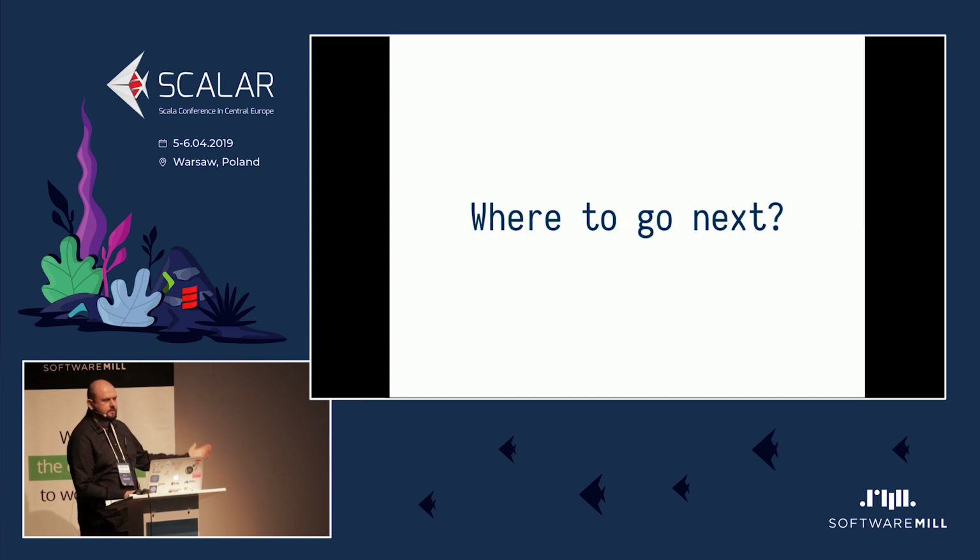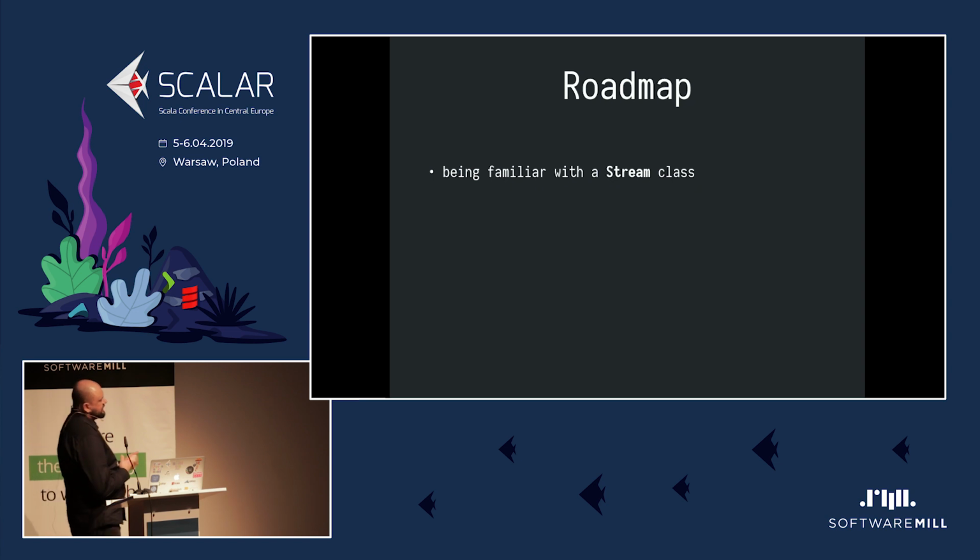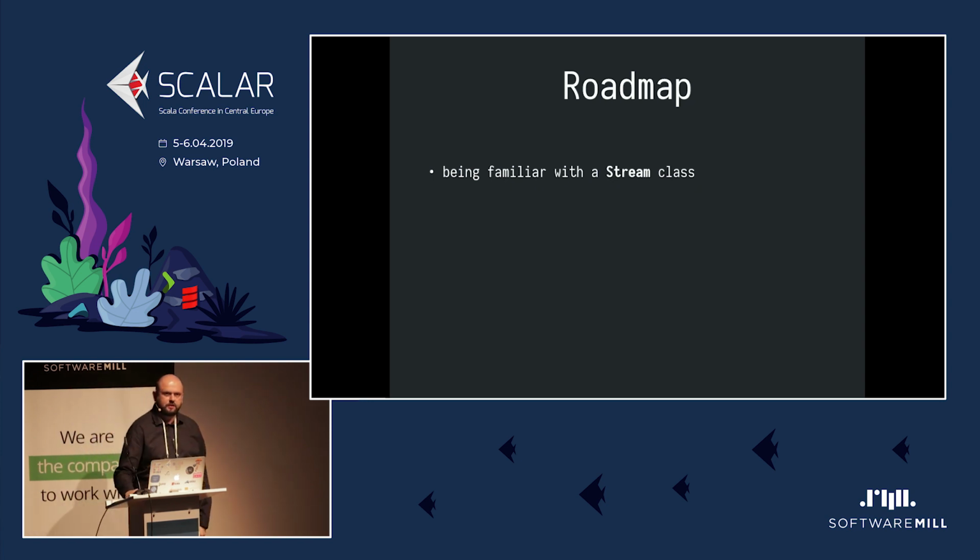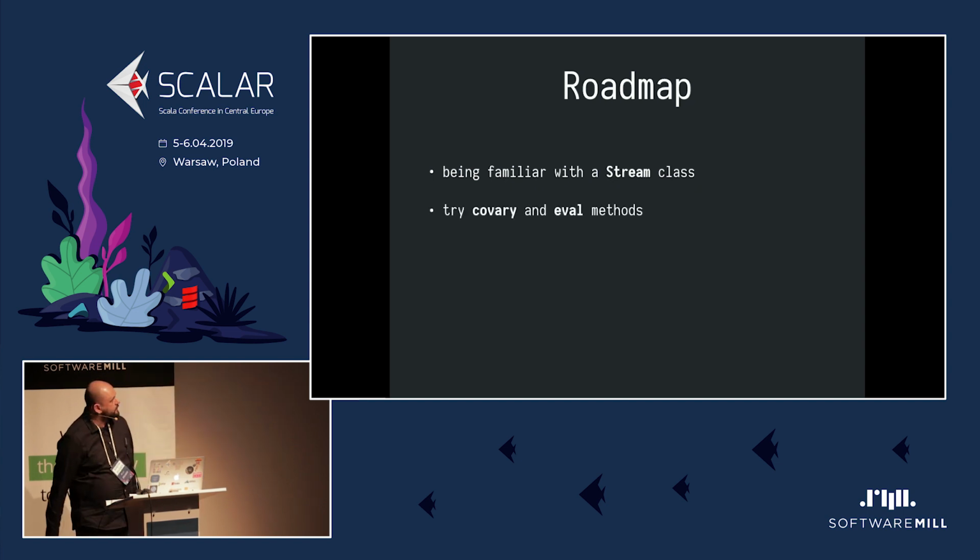So, okay, that's all I prepared. If you want to play with the library, I prepared a small roadmap for how to dive into FS2, and there are a few tips. At the beginning, be familiar with the Stream class itself. Create very simple pure streams, then explore covary and evalMap. These are the methods that are required to communicate with the outside world.